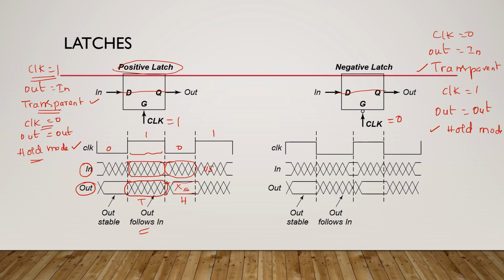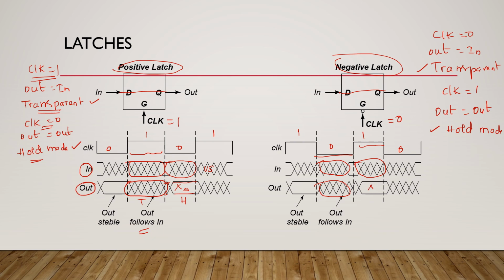Similar here, negative latch, you can see here it is 1, it is 0, it is 1, 0. Right. So, negative latch in the sense what? When my clock is 0, during this period, whatever changes at the input, the same is replicated at the output side. Right. But during my clock is 1, whatever changes at the input side, it won't be copied at the output side.